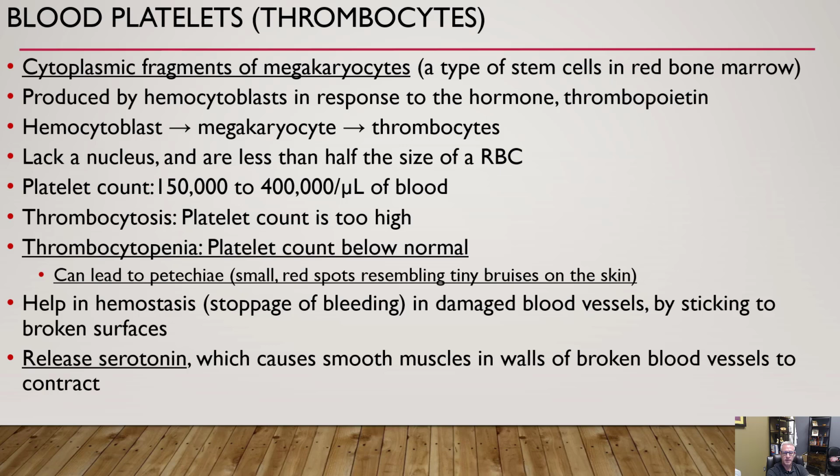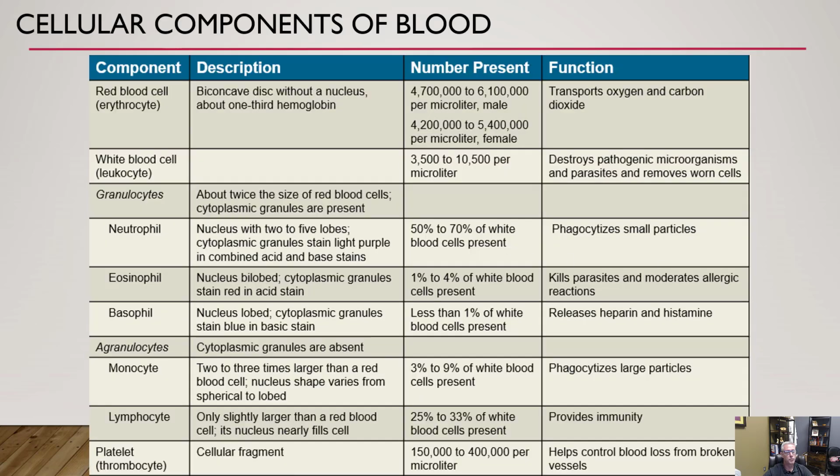Don't confuse that with homeostasis. Hemostasis is just how we stop bleeding in damaged blood vessels. Platelets stick to the broken surfaces of those capillaries, and platelets release a chemical called serotonin. It causes the smooth muscles in the walls of the broken blood vessels to contract to help prevent bleeding.